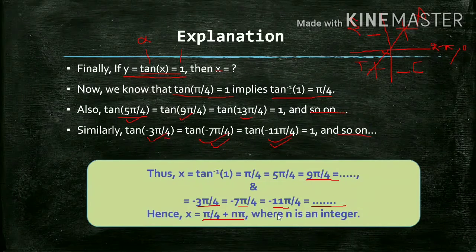Now you don't need to classify them into two different forms, like we did in sine. We just need one, and that's enough. Suppose I put n equal to 0, it would be pi by 4. N equal to 1, it would be 5 pi by 4. N equal to 2, 9 pi by 4, and so on. If I put n as negative, like minus 1, it would be minus 3 pi by 4, minus 2, minus 7 pi by 4, and so on.